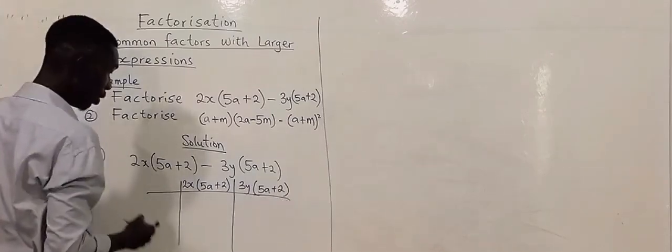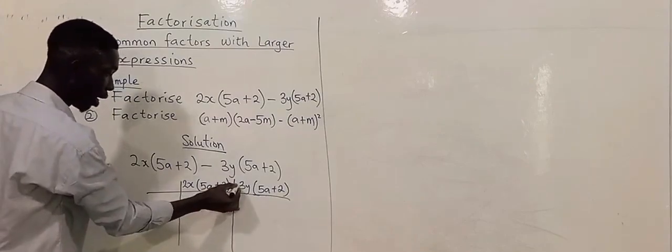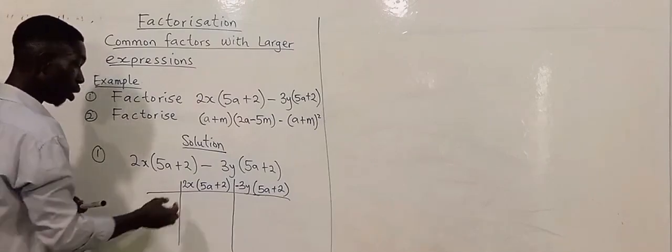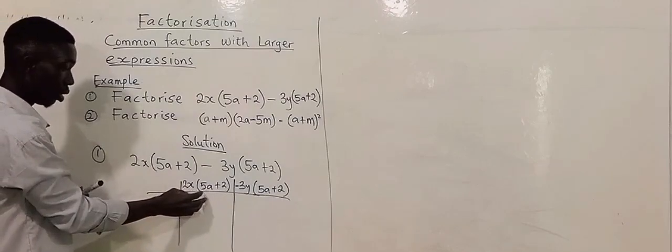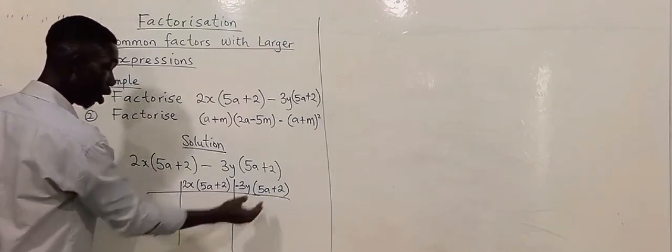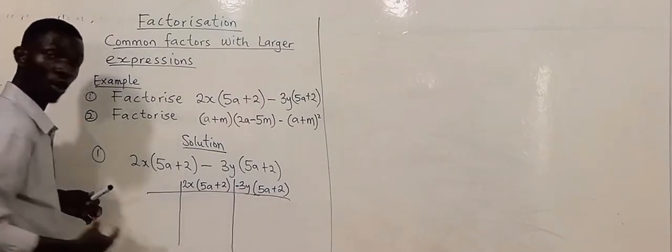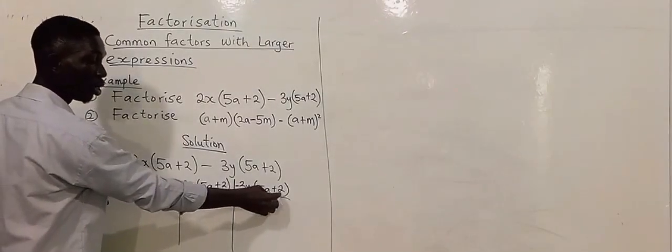Looking at this, we have the minus sign here, minus 3y. What is common with this and this, or what can divide this term and this term? Obviously you see that 5a plus 2 is here, and also 5a plus 2 is here.